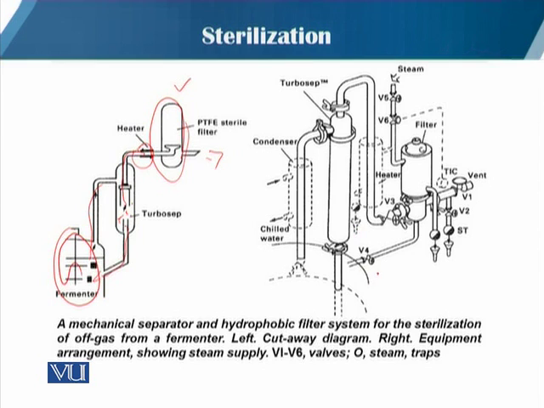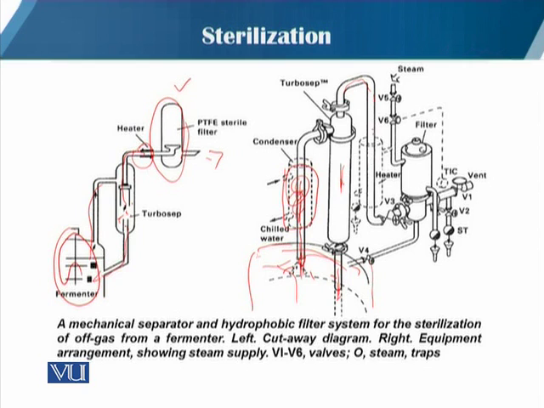In this diagram you can see the fermenter, the whole fermenter vessel. The air first passes through a condenser. This is the coil, and all the water that condenses here is dropped back down into the fermentation vessel. Then it goes into a turbosep in this chamber, and again if there is condensation, it goes back.